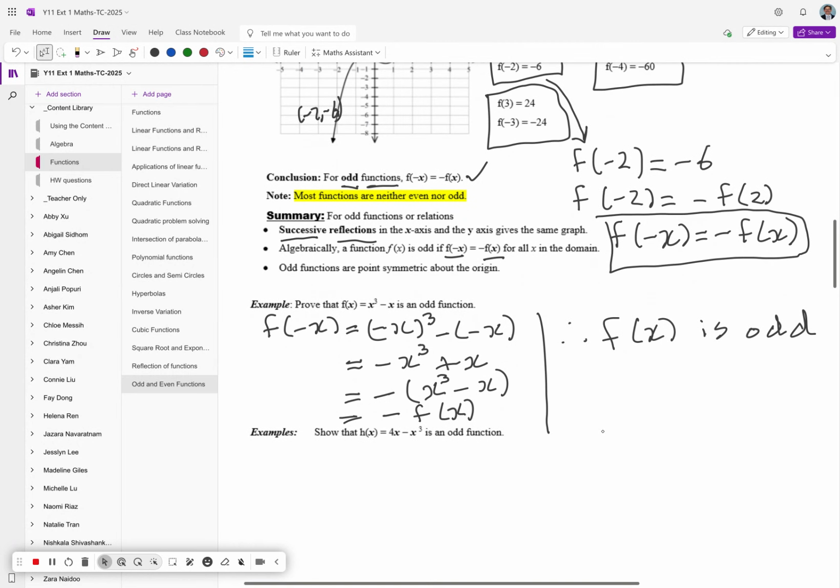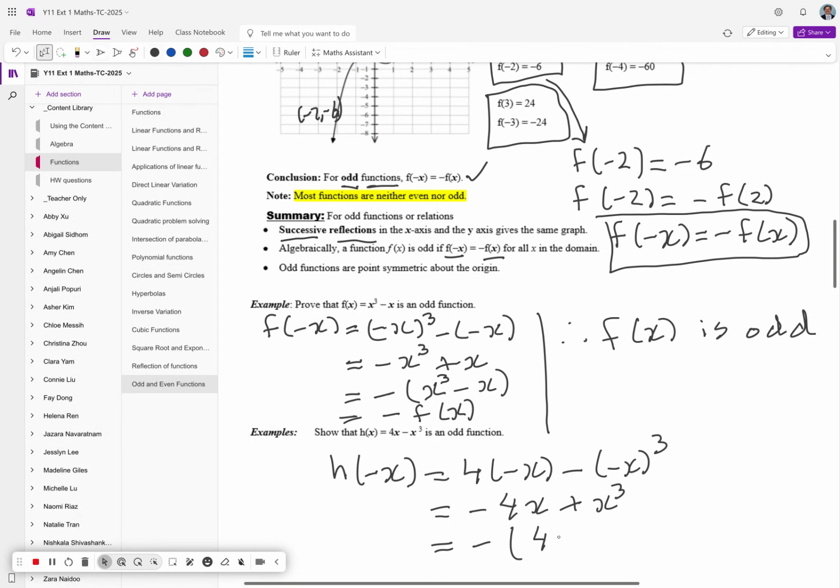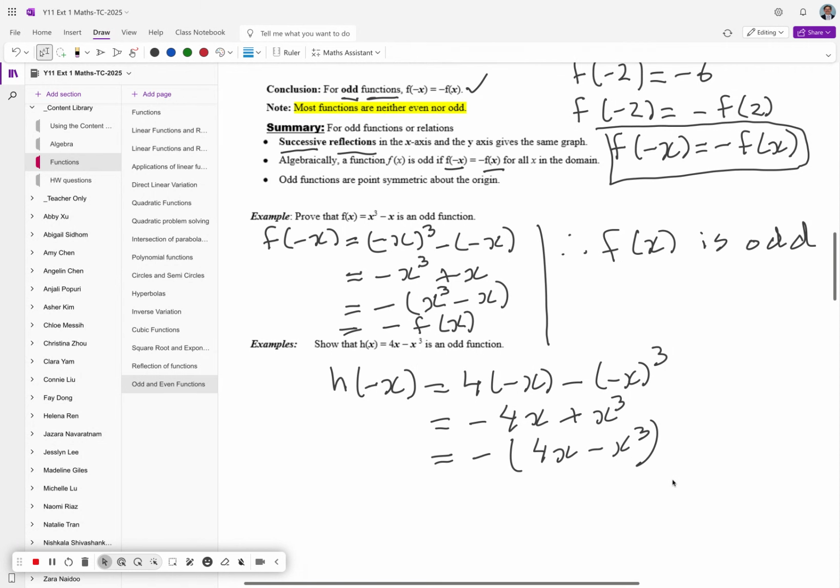Okay, let's do the next one. So we're going to find h of minus x first. That gives me 4 brackets minus x, minus minus x all cubed. And then I get minus 4x plus x cubed. And I'll take out minus as a factor.